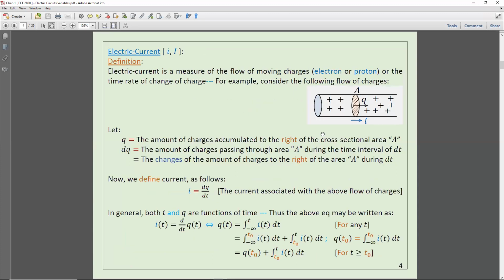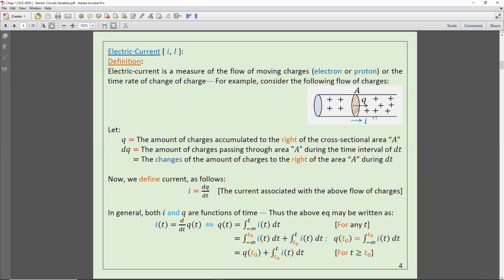As you see here, if the charges are moving this way, we have Q and we have dq. Q is the amount of charges accumulated to the right of cross section AA.